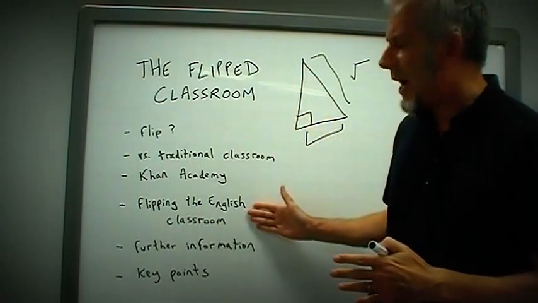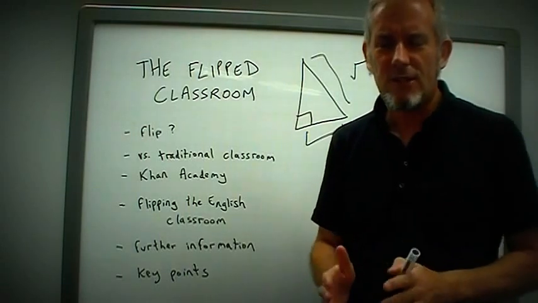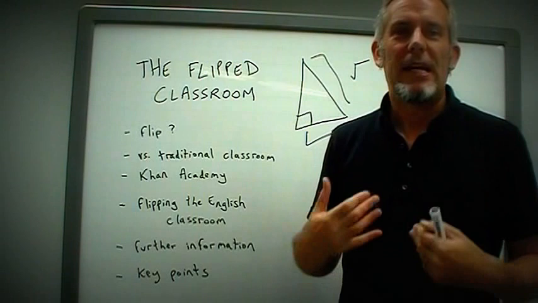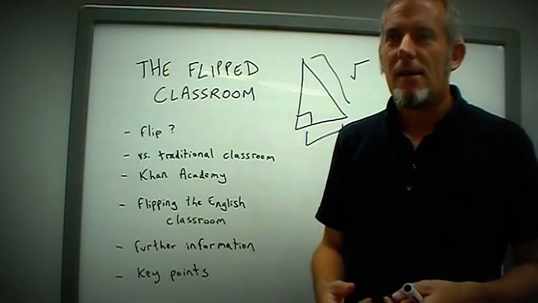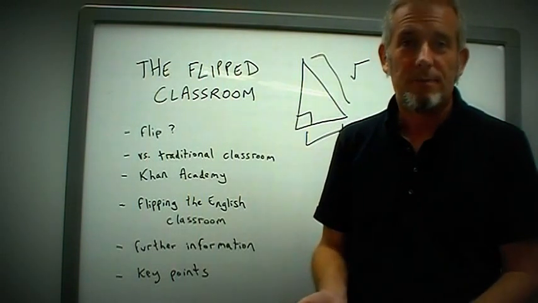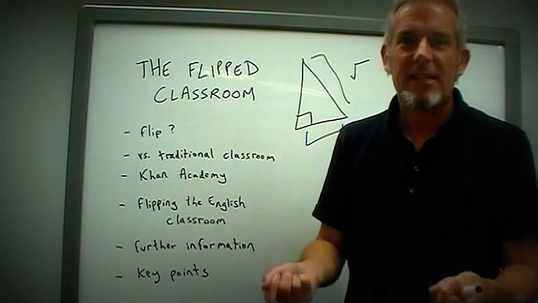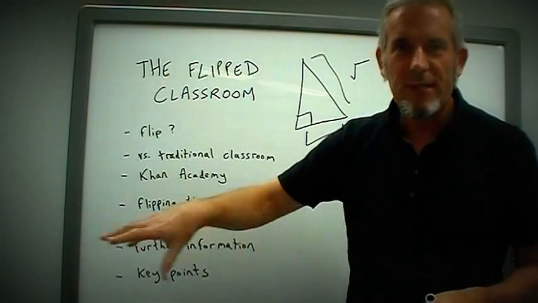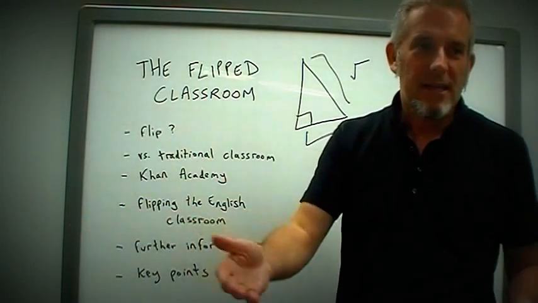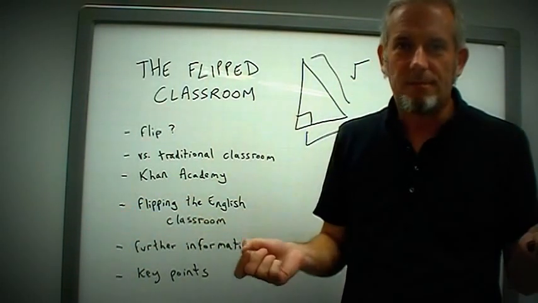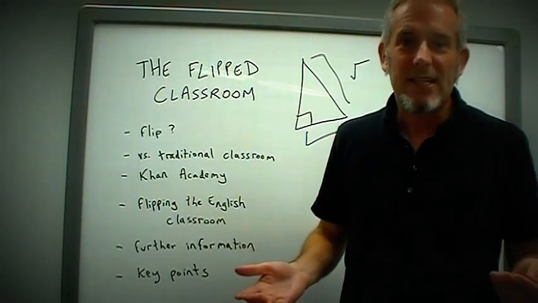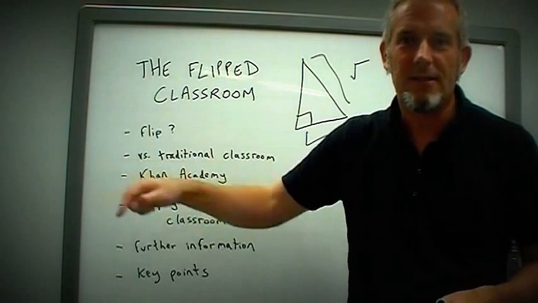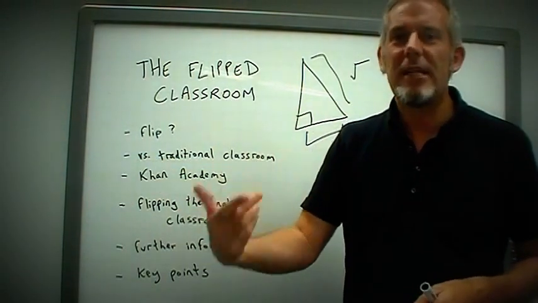So, how do we flip the English classroom? Well, in the past, if I was giving a lesson, I would use a textbook, and in the textbook, there's a conversation or a dialogue. So I put in the CD, I play the CD, the students listen. I'm not doing any teaching right now. The students are listening to a CD. I'm just operating a CD player. They say, please play it again.